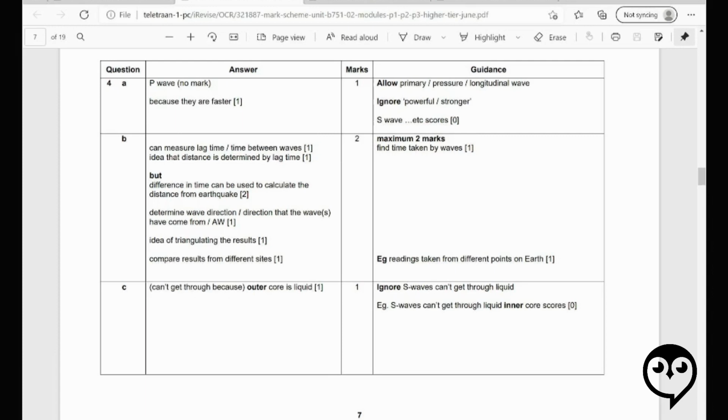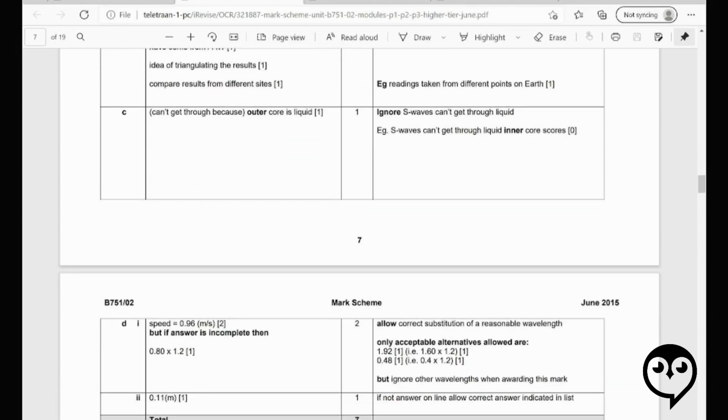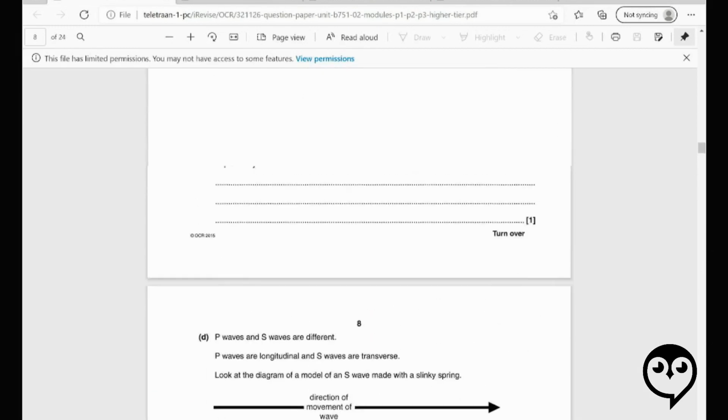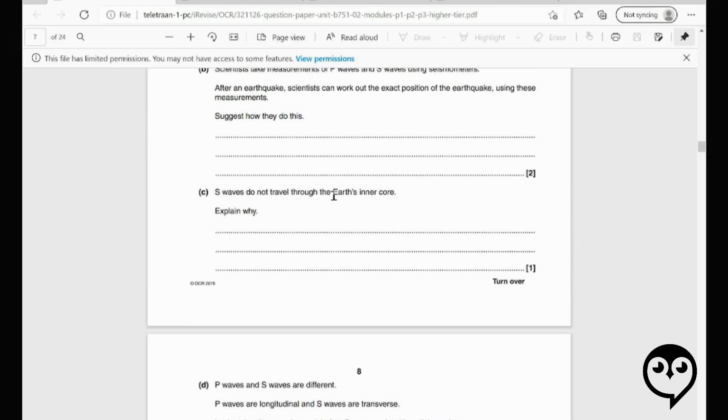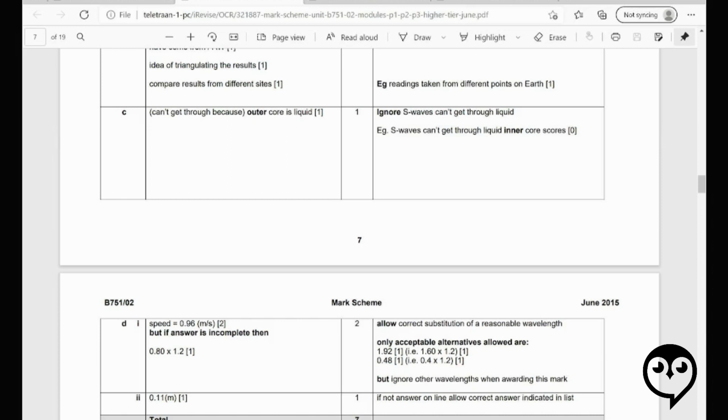They can't get through because it's liquid, right? Oh, what's this? Ignore: S waves can't get through liquid. S waves can't get through inner core, zero. Oh, they're being a little picky. S waves do not travel through the Earth's inner core. Explain why. Oh, interesting.